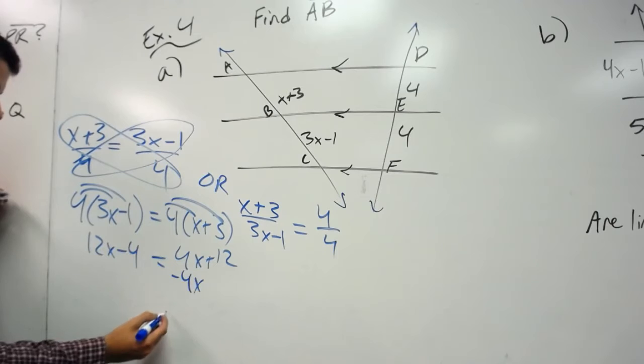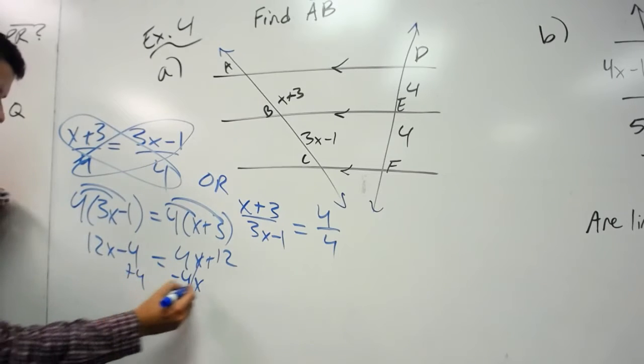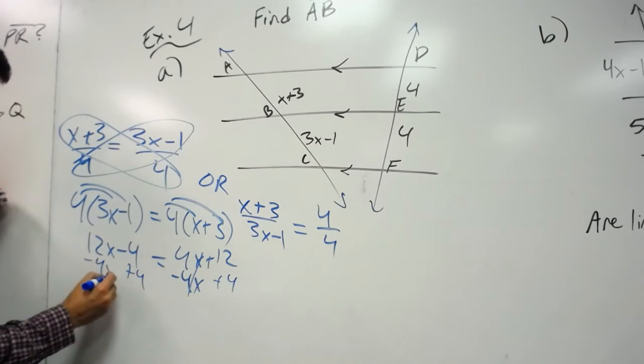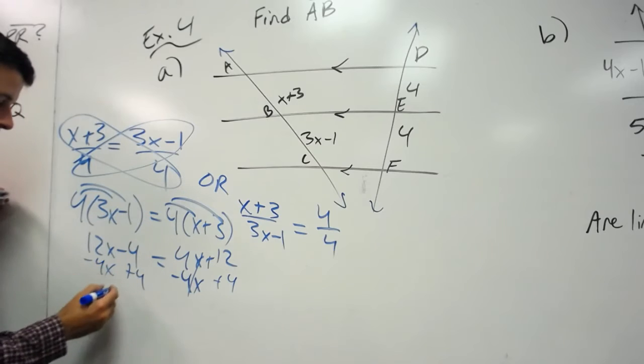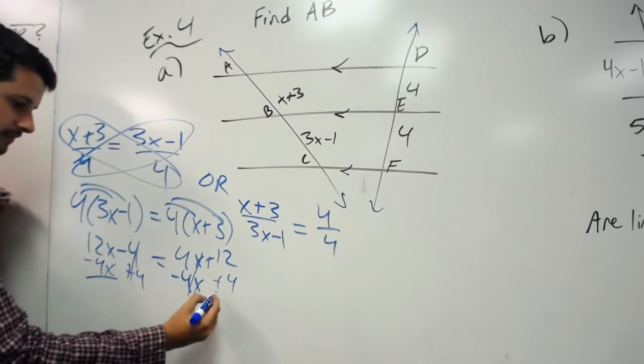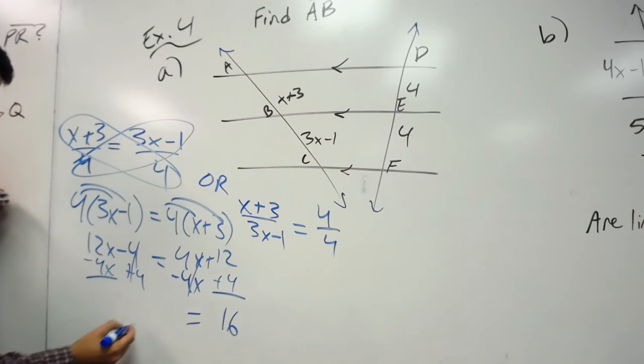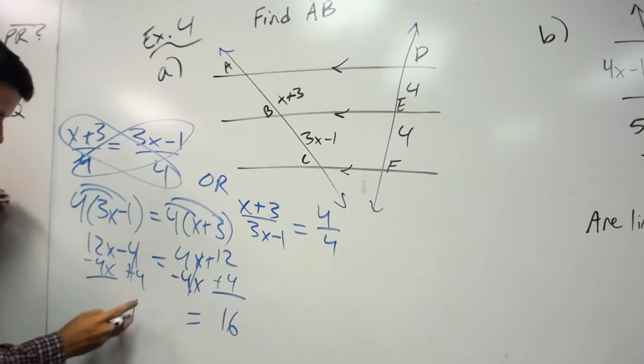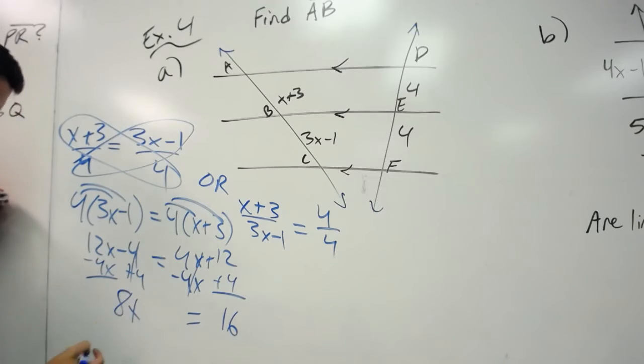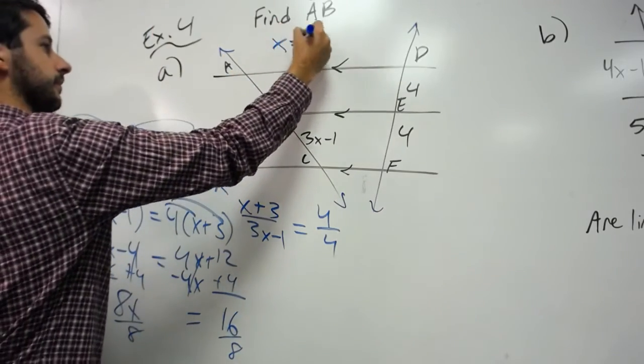Subtract 4x, add the 4. Just kind of fast forwarding the math here. And we get 16 equals 8x. So therefore, x equals 2. I'm going to come back to that.